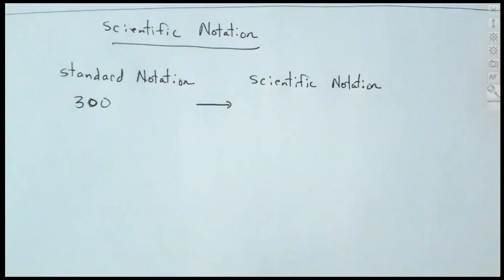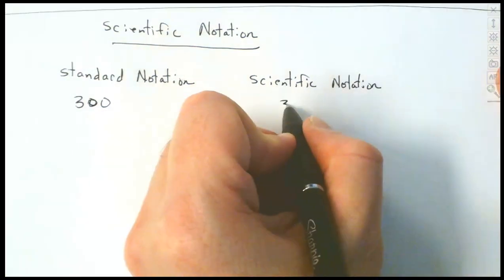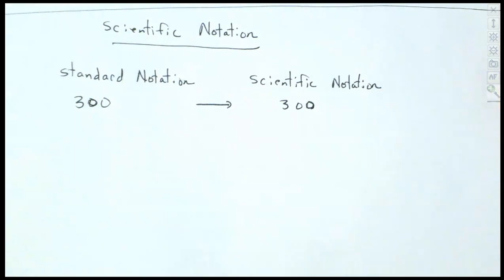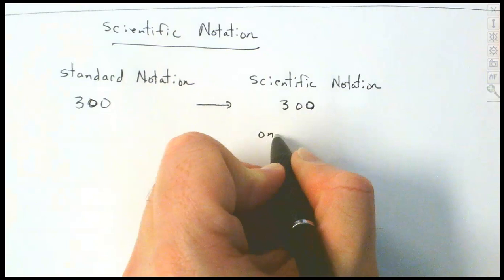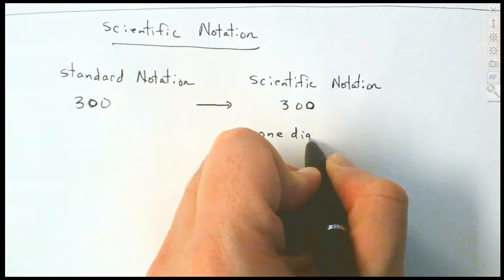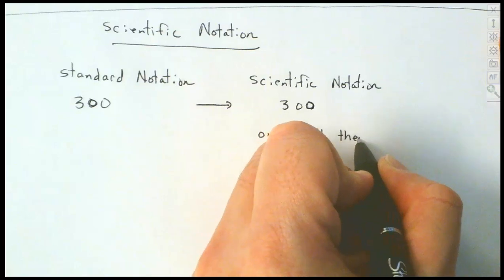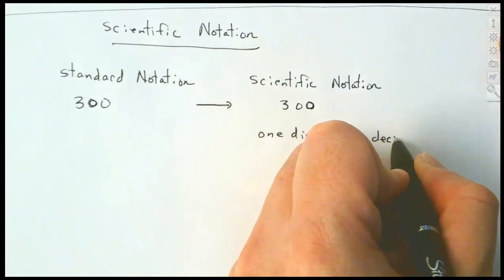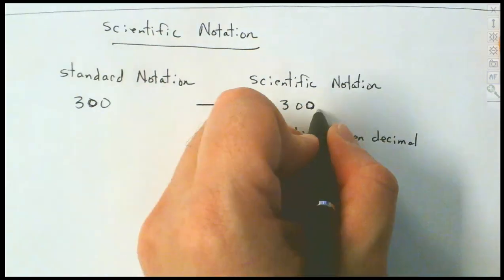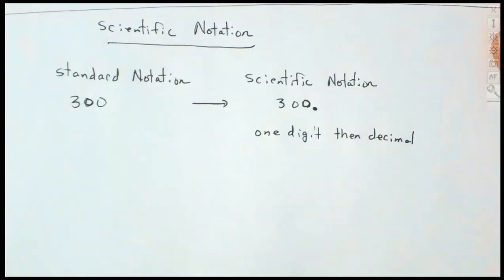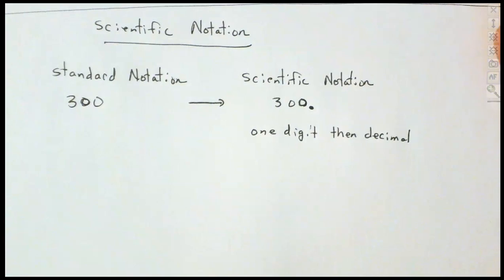So in scientific notation, what we do is we have our 300, and we want it to be one digit and then the decimal. So our decimal point is right here. So we want one digit and then the decimal.